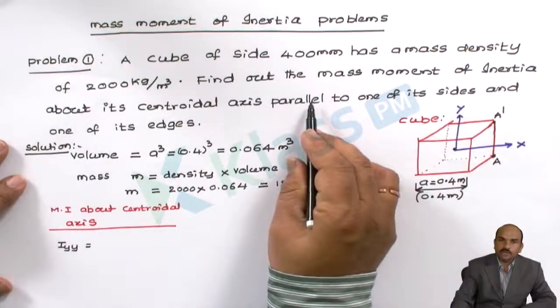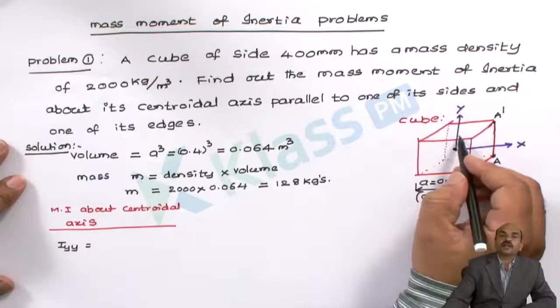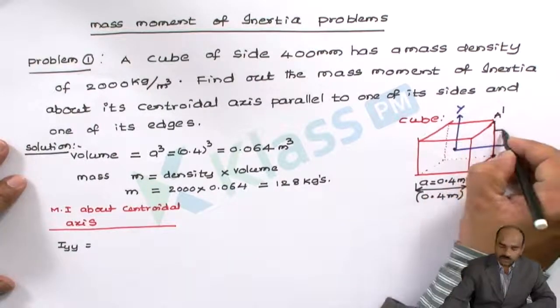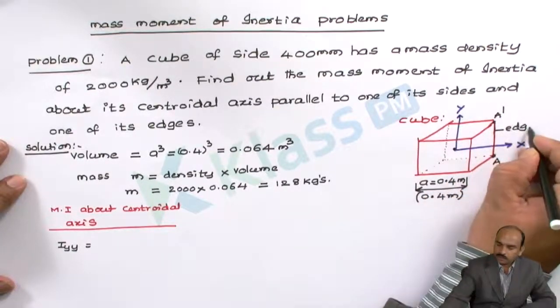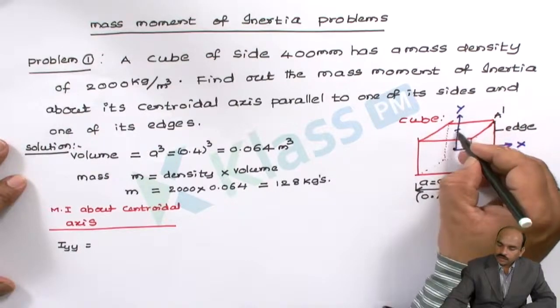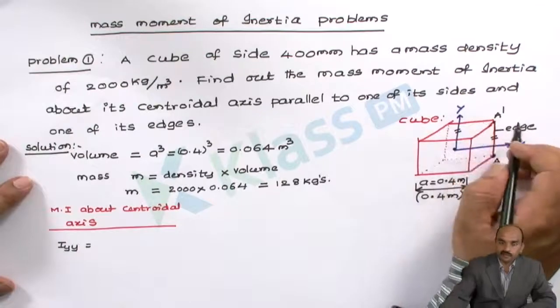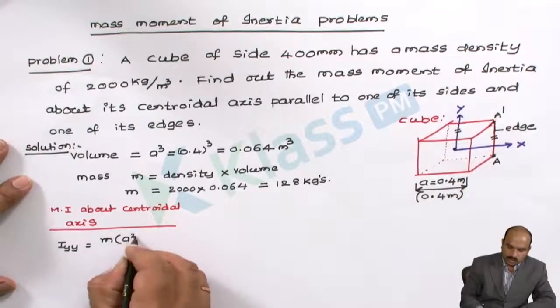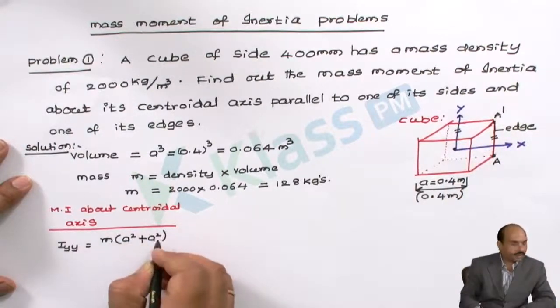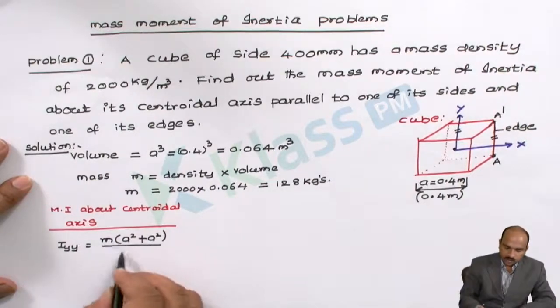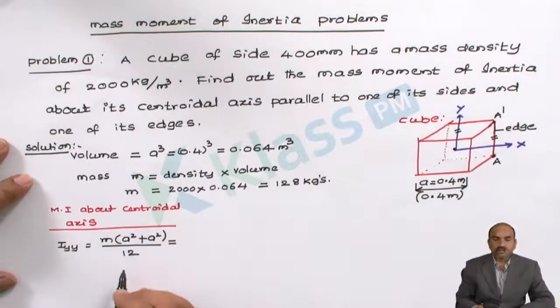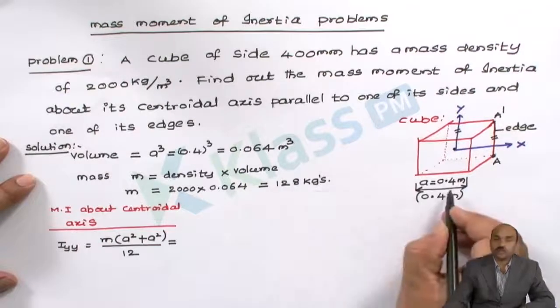He is asking to calculate about a centroidal axis parallel to one edge. So this is the edge I am taking, and y is parallel to this edge. So I am calculating I yy, which is M into (a square plus a square) by 12. We know its mass and its side.